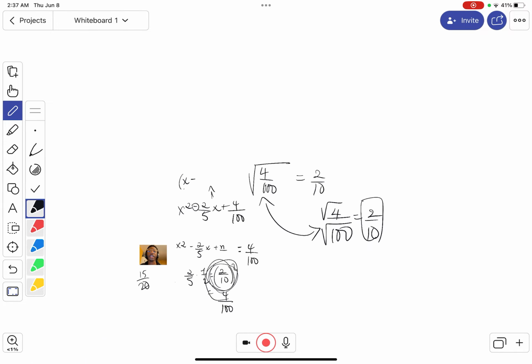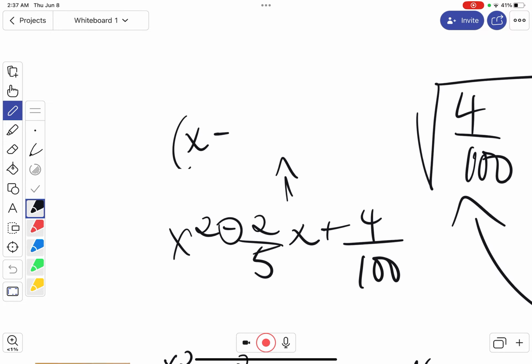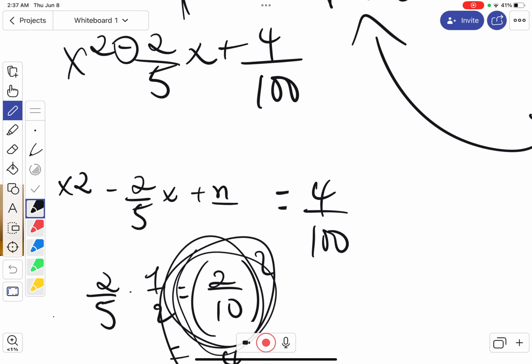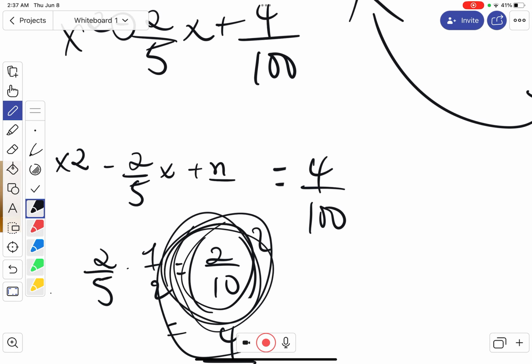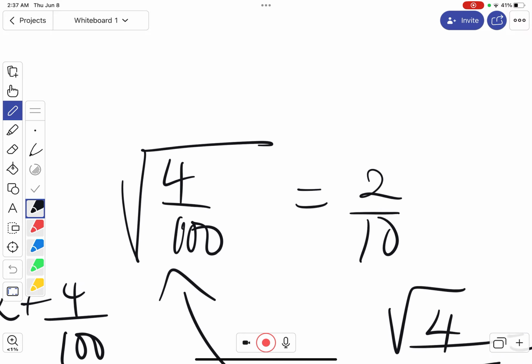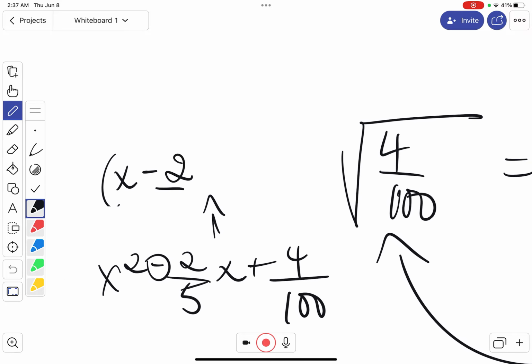This is just for people who get confused, you can use one technique or the other. It's always gonna give me 2/10. That's what I was talking about. You always come back to the numbers that you had as a result of multiplying by 1/2 or dividing by 2. So x minus 2/10, squared. There you have it.